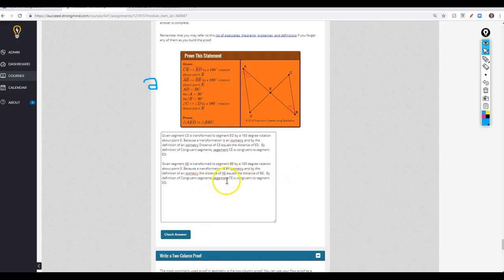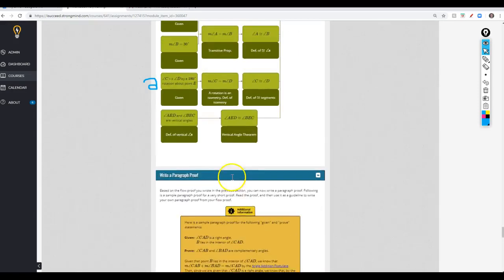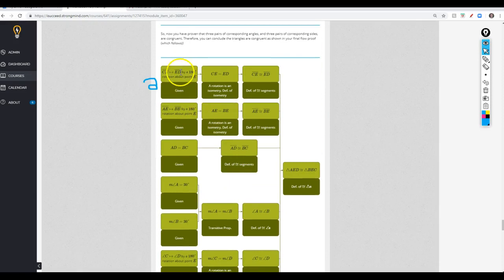By the definition of congruent segments, then we know that AE is congruent to segment BE. The reason I can do that is because, like I said, the information is the exact same, just with different points.